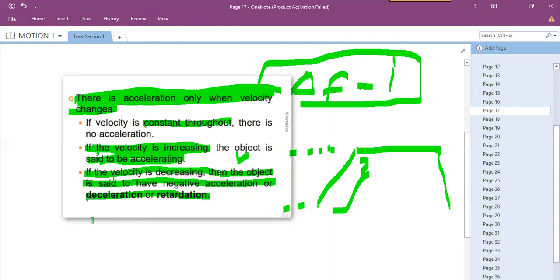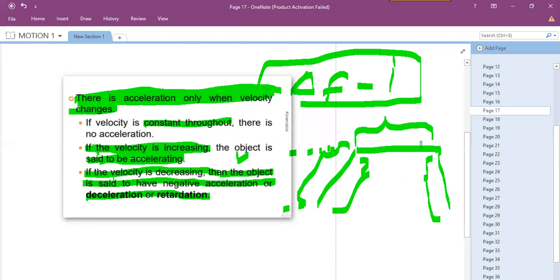So we've said three very important things here. Every time you have constant velocity, for example this region here, there's no acceleration. Every time you have an increasing slope, the object is accelerating. Every time you have a decreasing slope, the object is decelerating.